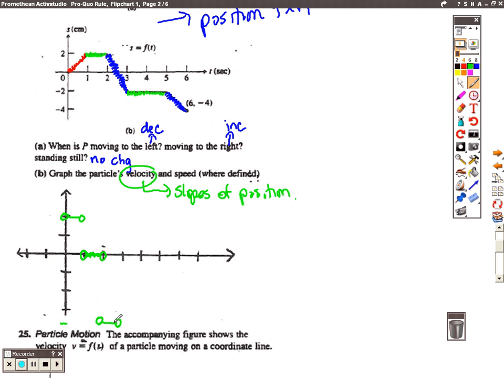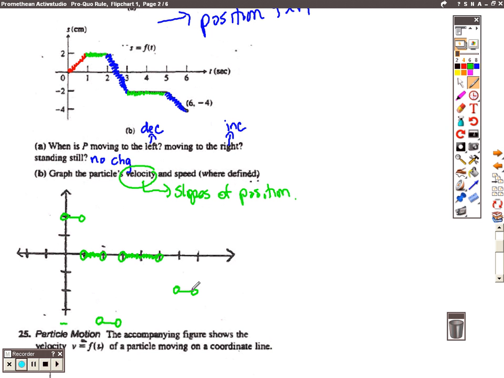From 3 to 5, we have a slope of 0. And from 5 to 6, we have a negative slope. We're dropping 2, running right 1, so that would be negative 2. And those are your slopes.